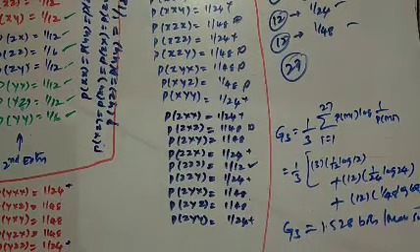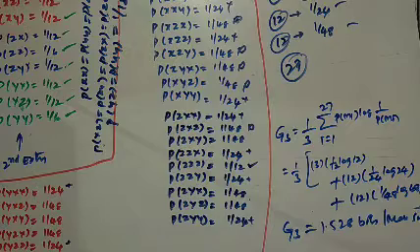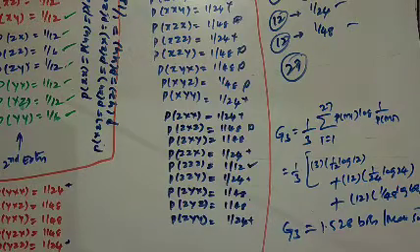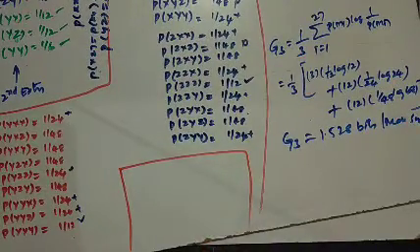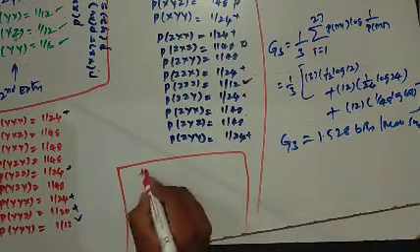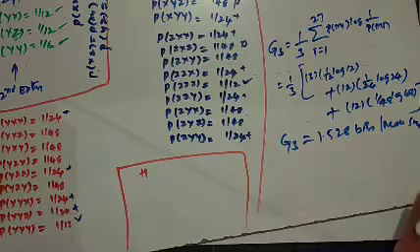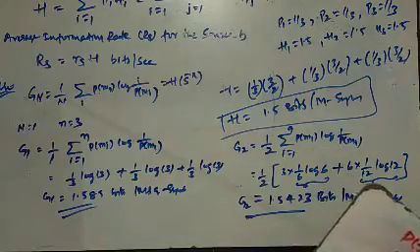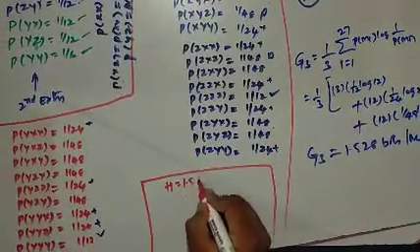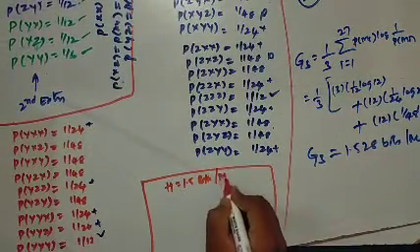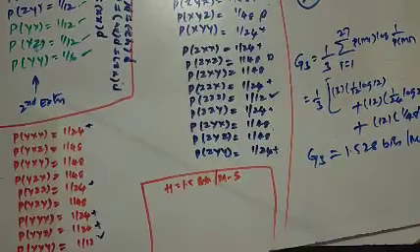Note down all these values. What is the value of H? We have written that H is 1.5 bits per message symbol, MS for message symbol.